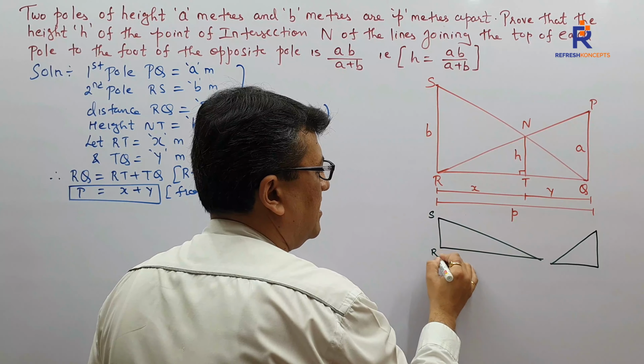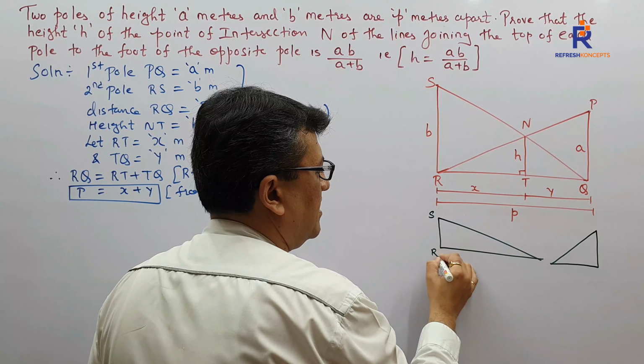Each of them will have NT. Sorry, here it is PQR and here it is SRQ, and here there is NT, here there is NT. Demerge it. Visualize it. The moment you join them, what we get is nothing but our figure.